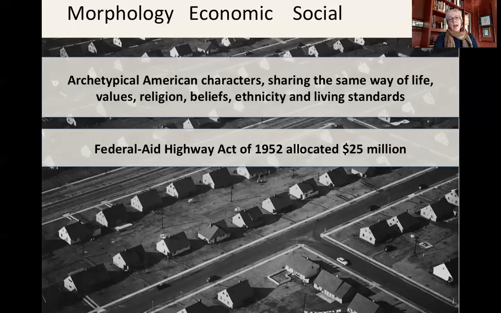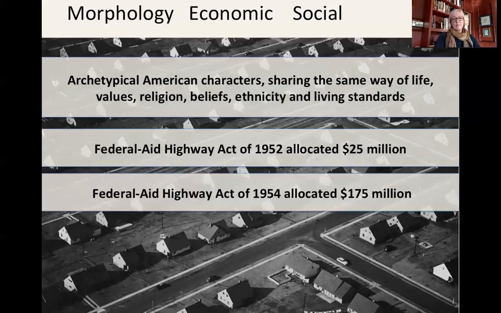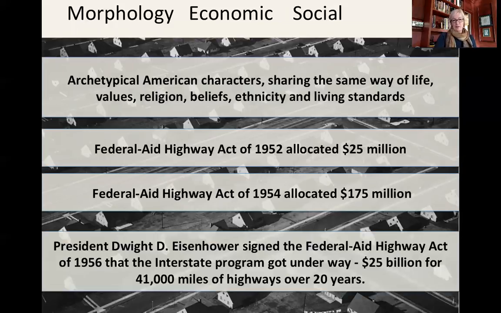Federal Aid Highway Act of 1952, there's an additional $25 million, which in 1952 was a lot of money to continue building roads. By 1954, there's another $175 million to build more roads. And then we get Dwight Eisenhower as president. In 1956, just in case we haven't got enough money going towards roads yet, we are going to do an interstate program.